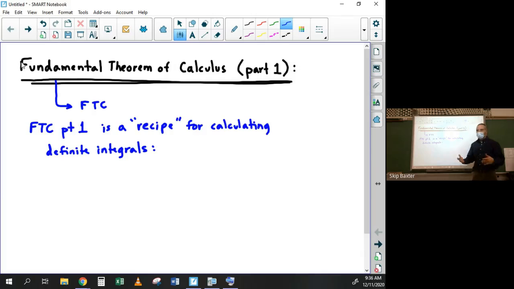Now, what definite integrals are and what they're for, we're going to hold that off until later. For now, we're just going to think of it as like a computation that we're doing. It's like when you first learned how to add numbers, for example, you didn't really know all the applications that would entail, all the things that would be good for. Same thing here. You're not going to know all the things that definite integrals are good for, and there's a lot of them until later, but that doesn't mean we can't learn how to do the process.